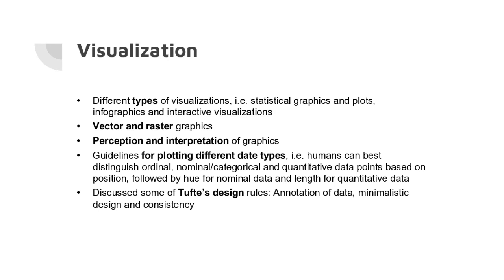And then we discussed some of Tufte's design rules. Annotation of data is really important. Always make sure you have a title, that you label the X and Y axis, things like that. Minimalistic design, so avoid using 500 different colors and fonts, and only add to your plot what is necessary.